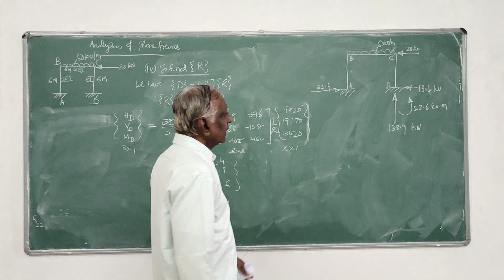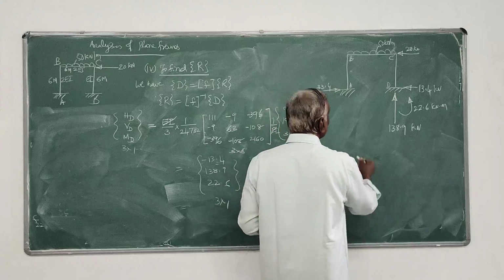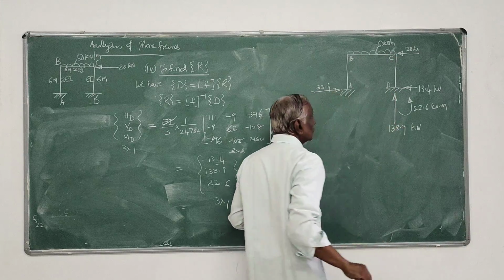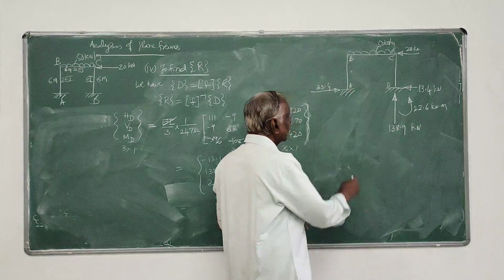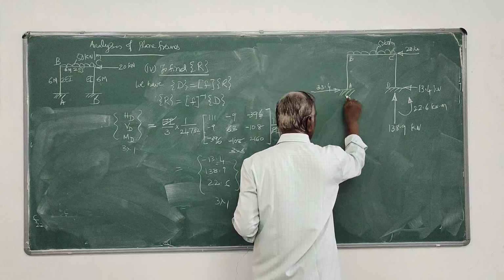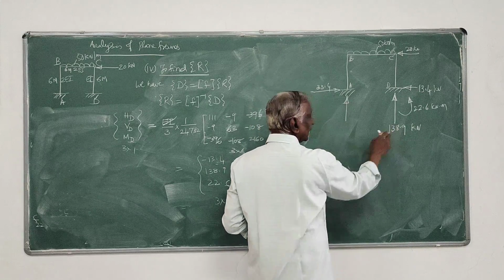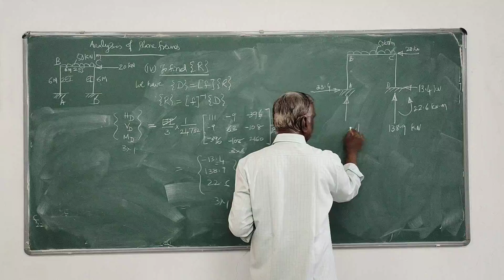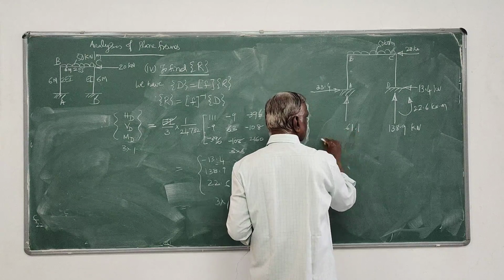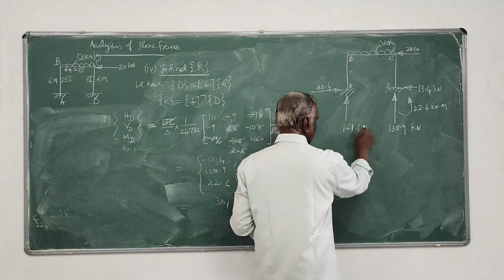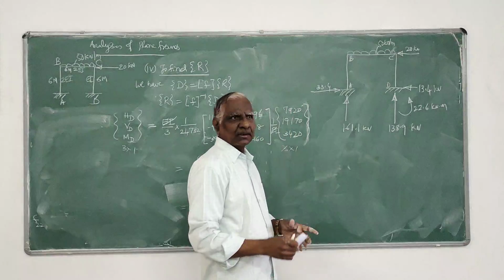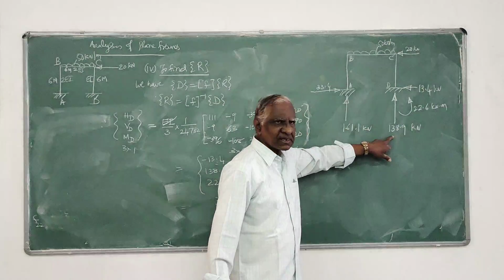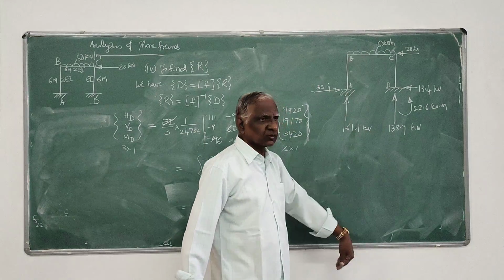Now sigma V has to be 0, so this is 50 into 6, 300, the 300 minus 138.9 gives 161.1. So it becomes 161.1 plus 138.9 equals that.